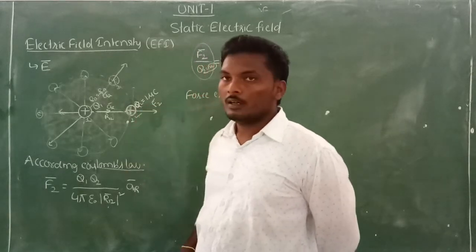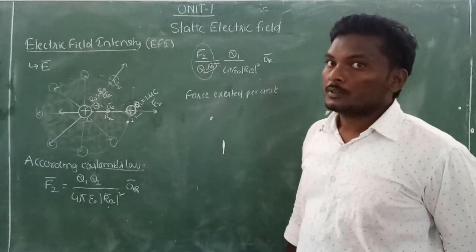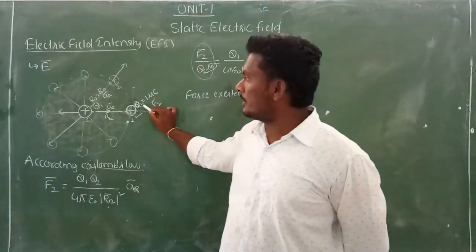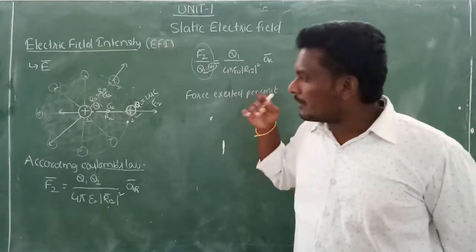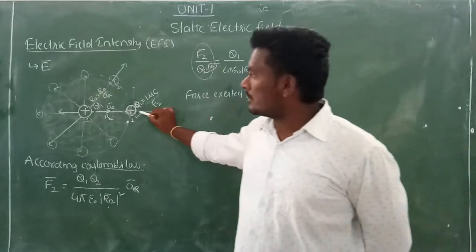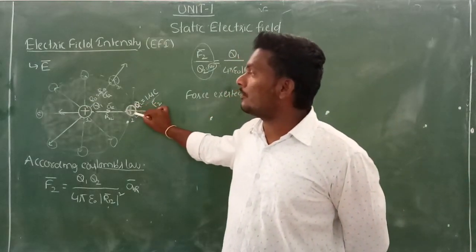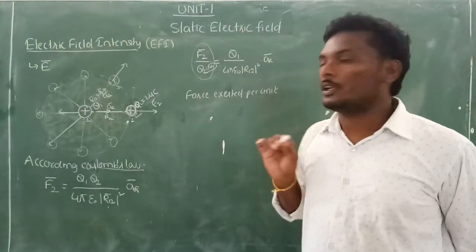So now you tell me how much force is exerting at this location on Q2, it is a force exerted per unit charge. So how much force is exerting here? It is per unit charge only. It is nothing but intensity, electric field intensity. That means strength of electric field per charge only.